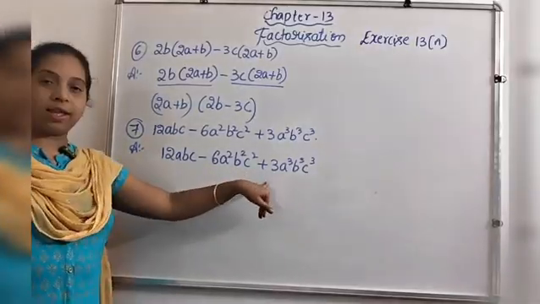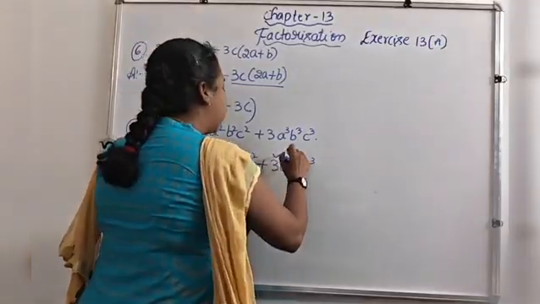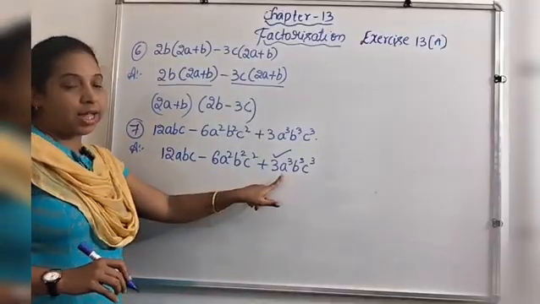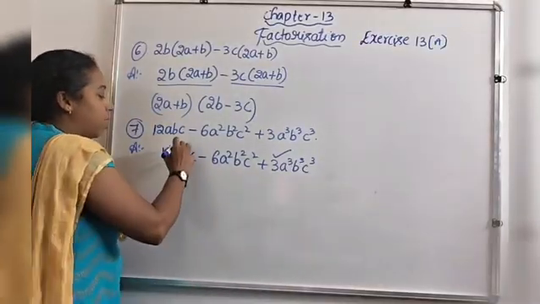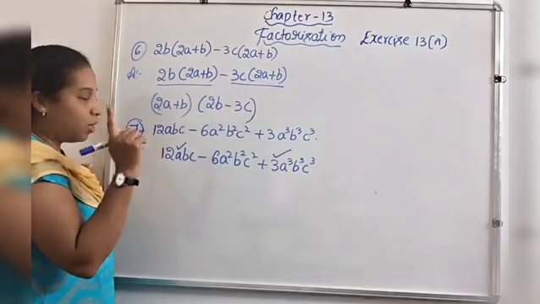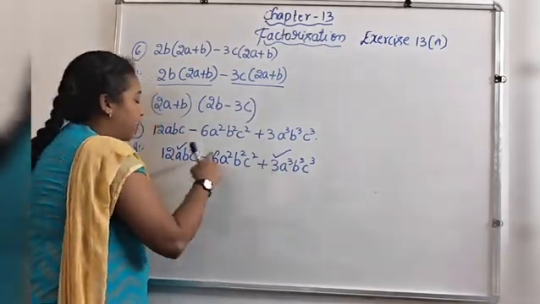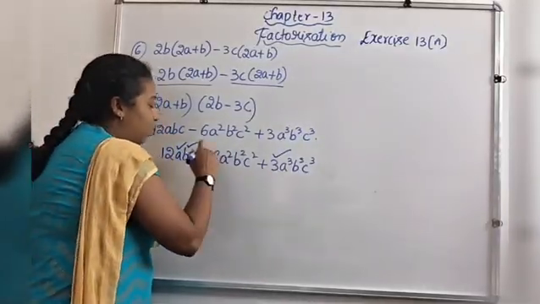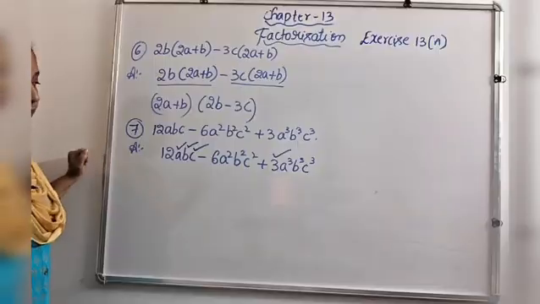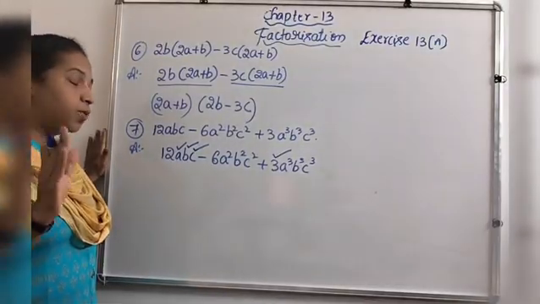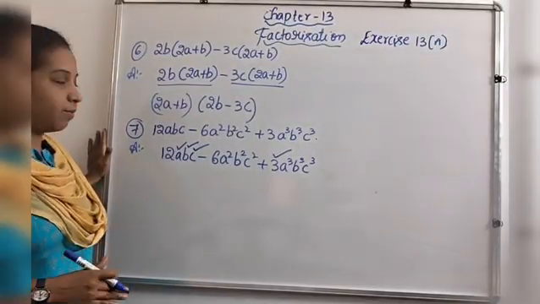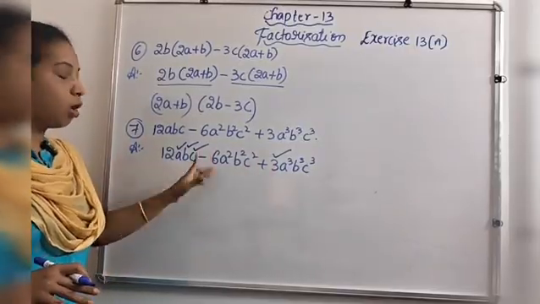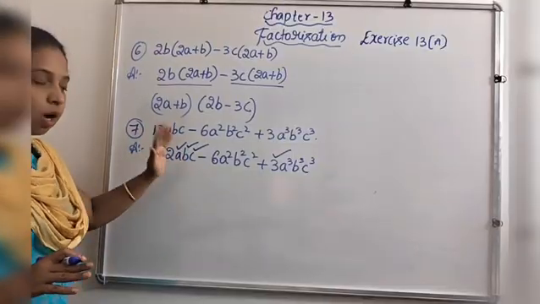So 12, 6, 3. 3 is the common factor which we can take out. A square, a cube: as I already told, a is having only one power. b square, b cube: b having only one power. The same thing, c square, c cube: c having only one power. So now just tell me which are the common factors we have to take out. So 3abc are the common factors we have to take out.